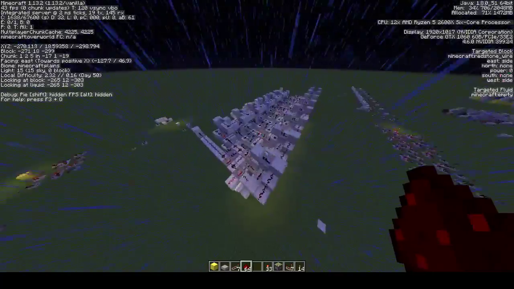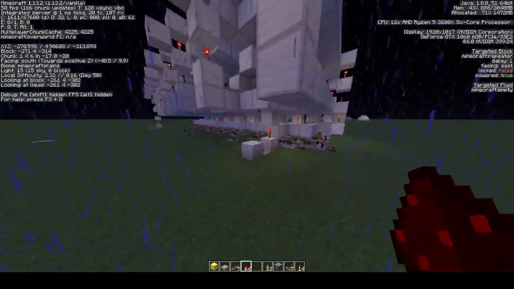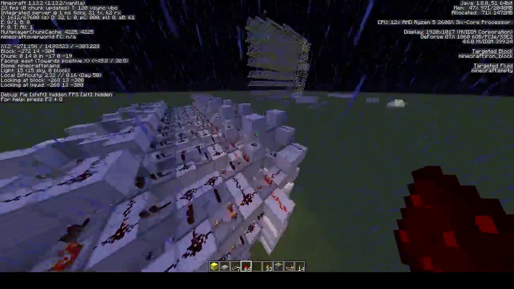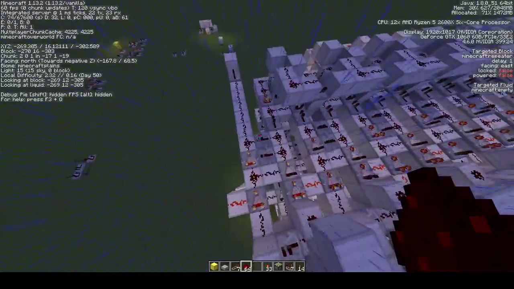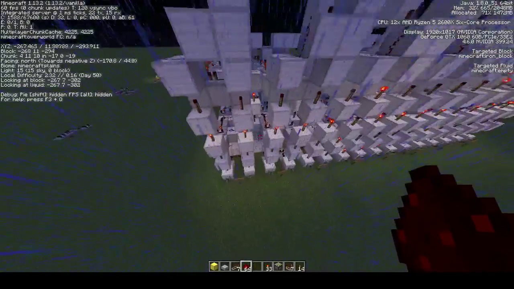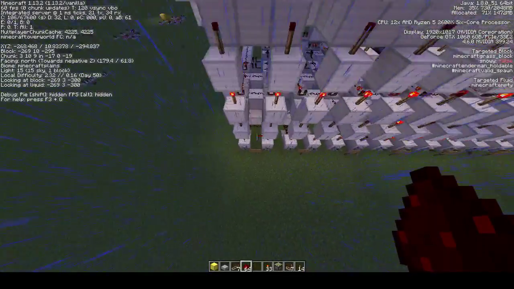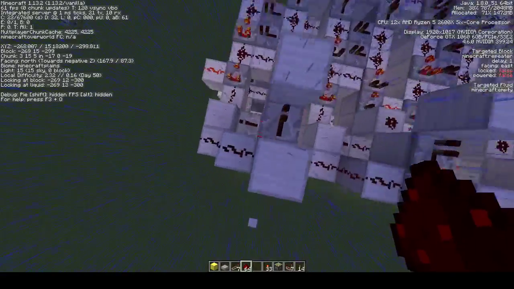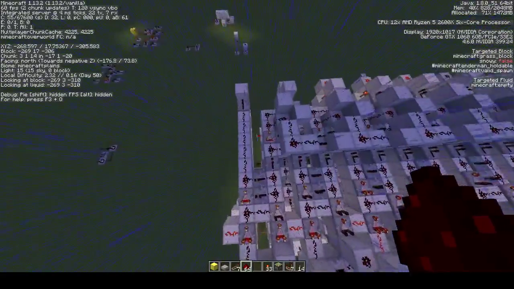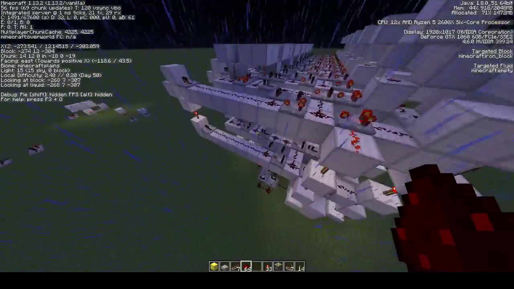But the way this works is, as you can see, this has been flipped around. So it's basically, on the top row, it's giving the second number minus the first number, and on the bottom row it's giving the first number minus the second number.